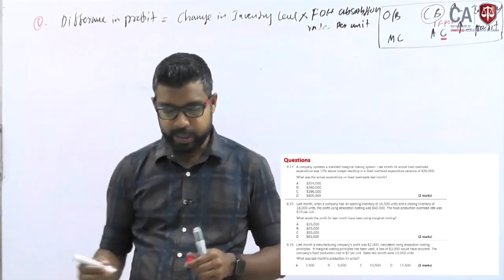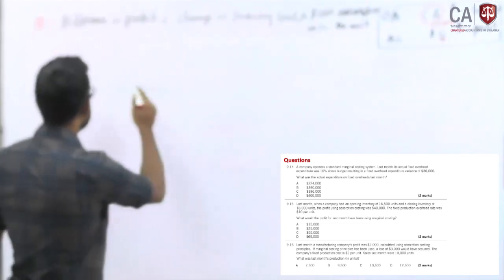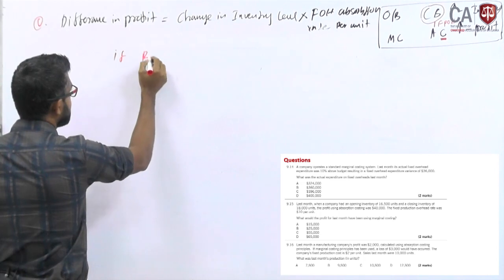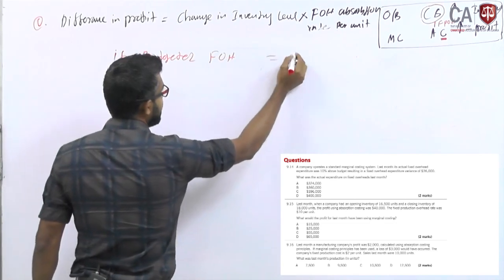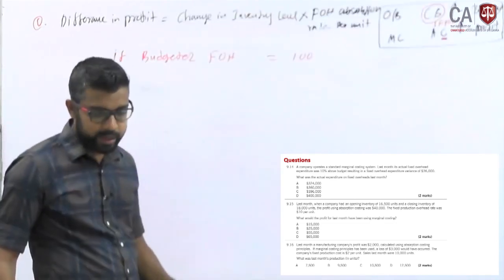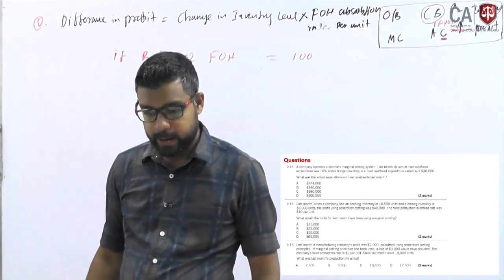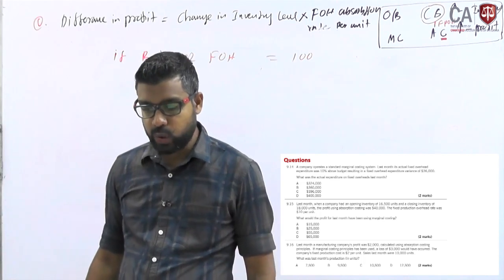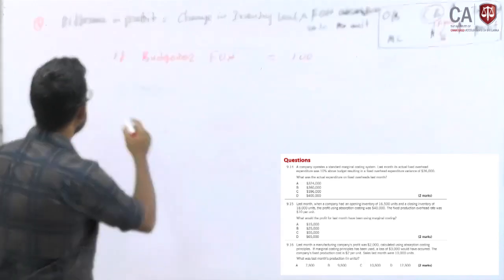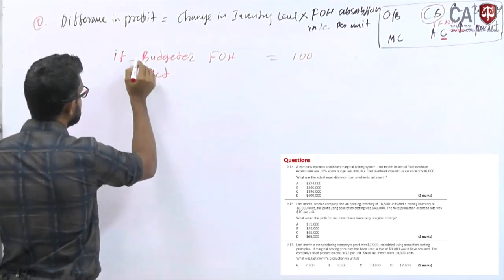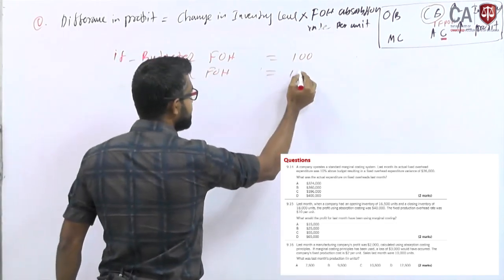According to the given information, let's say budgeted fixed production overhead is 100. They say last month actual fixed production overhead was 10% more, which means 110%.